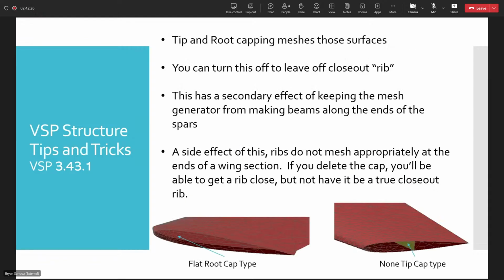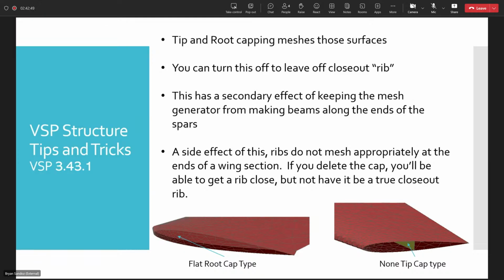So tip and root capping is important to remember, and it's easy to forget because it happens in the VSP geom, like the wing geom, and not in the VSP structures tool. If you set the root cap type to be flat, you've now created a rib, sort of unintentionally.